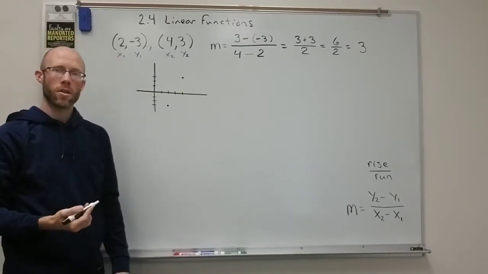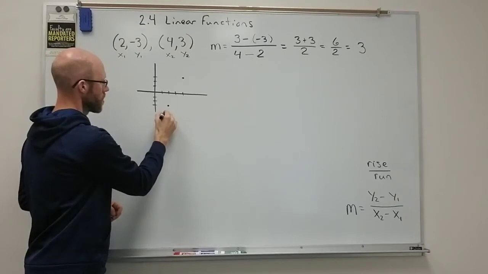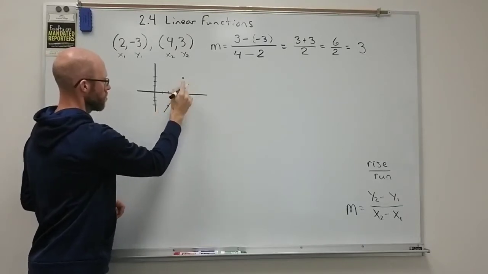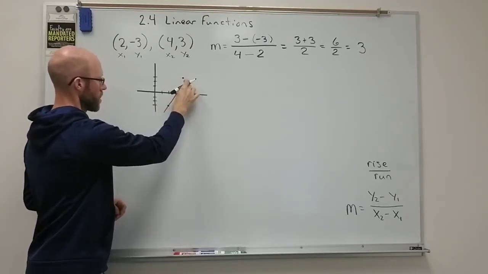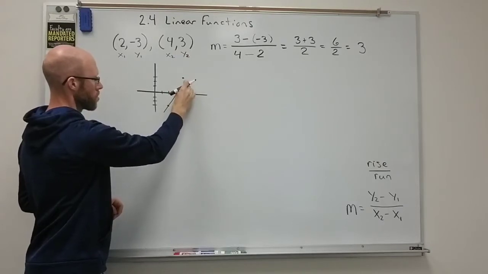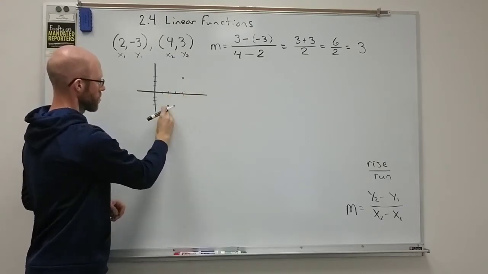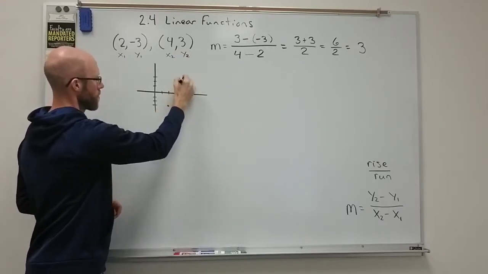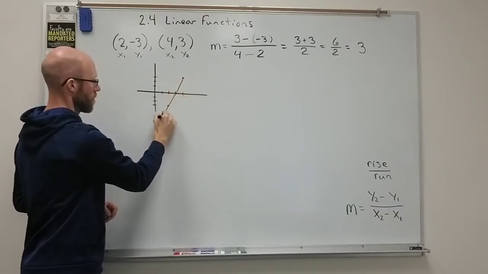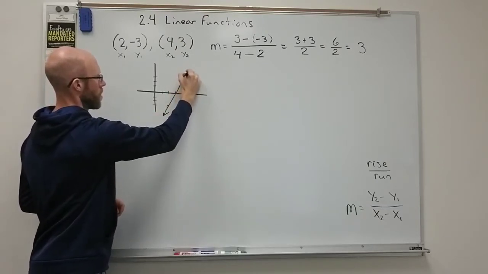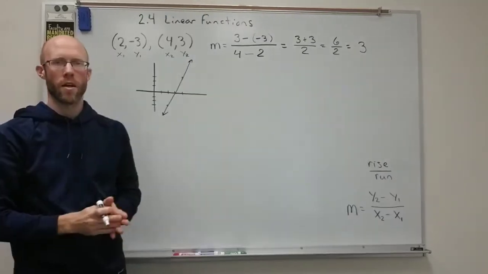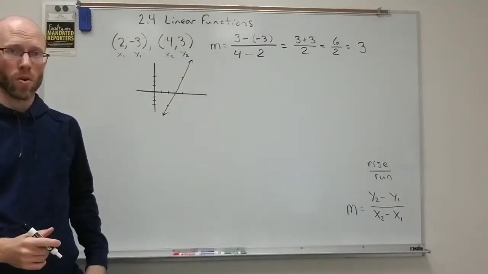And so the line going through them, oh boy, I'm way off on that one, is going to be a line going up and to the right. Of course, it looks better when I draw, right? All right, that one's not too bad. So it's rising up to the right.